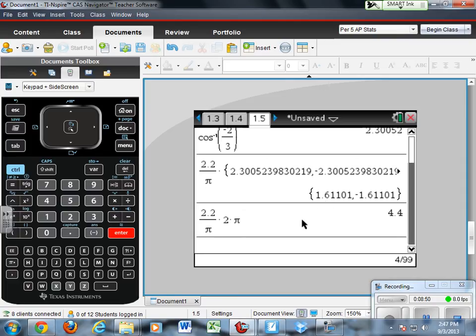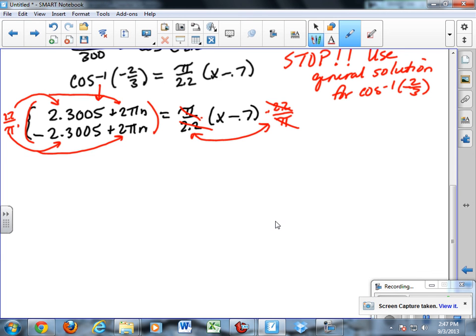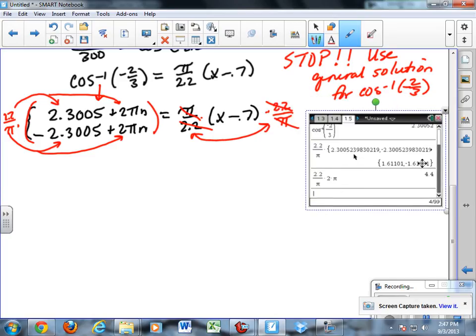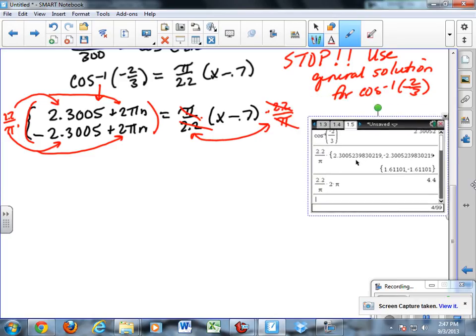Okay, so I'm going to take these numbers back now and put them into my equation. So I'm bringing this over here so I can see these numbers. So when I multiply 2.2 over pi, this is this number right here.